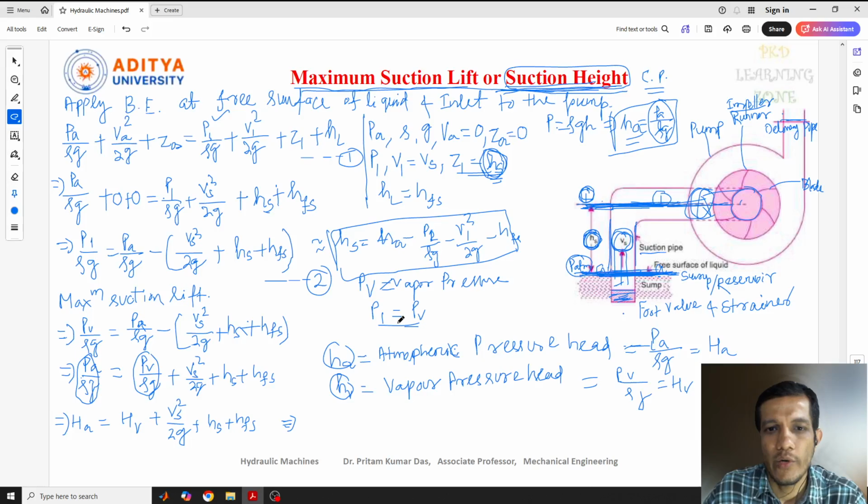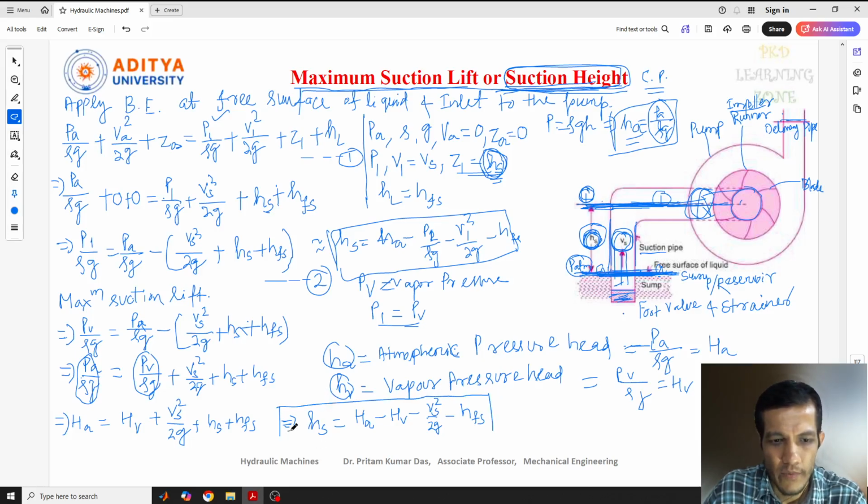We need to find this suction height, that is our main motive. So I keep the maximum suction height Hs on the left-hand side, and the right-hand side becomes HA minus HV minus Vs square by 2G minus HFS. This is our final equation.